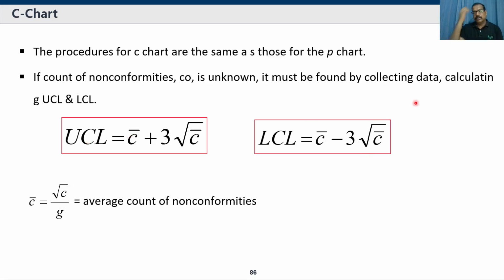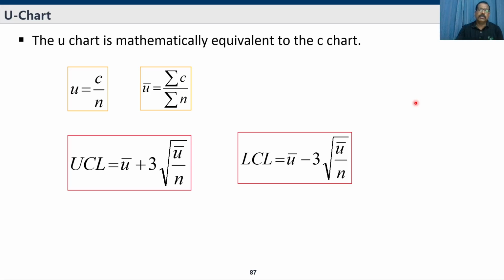The U chart also has a formula. You use U bar: summation of C divided by summation of n. Once you calculate the U bar, you can calculate the upper control limit and lower control limit.